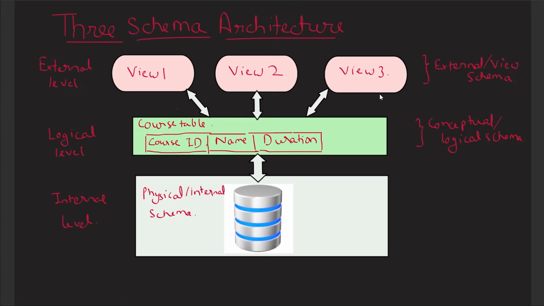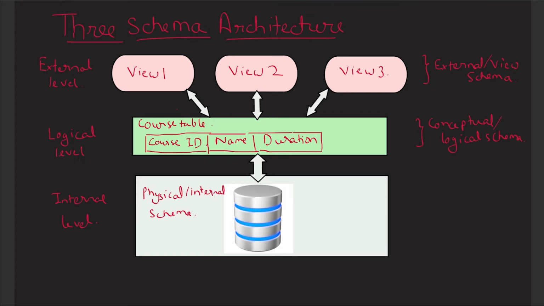Here, between the external level and the logical level, there will be the external or conceptual mapping, and between the conceptual level and the physical level, there will be the conceptual and internal mapping. So this is the three schema architecture. We have already discussed all the 3 schemas. This is the architecture, showing how they are connected with each other. So the conceptual level will be in between the external level and the internal level.